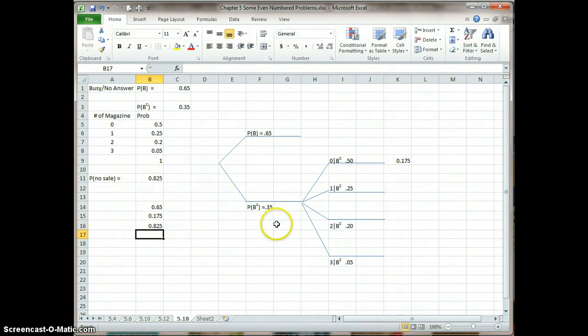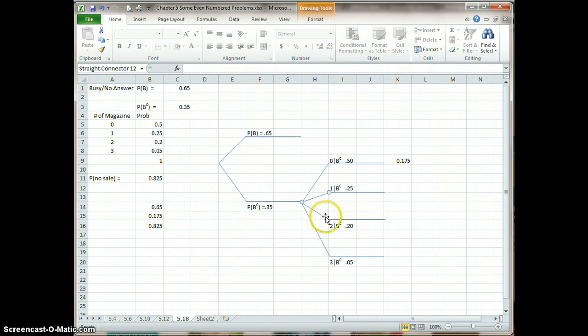It's just here you see the graphical representation of it, and I could tweak that line a little bit, make it line up. So hopefully that gives you a little more insight into how these problems work. Again, all of the answers for the even number problems are found at the end of your book.